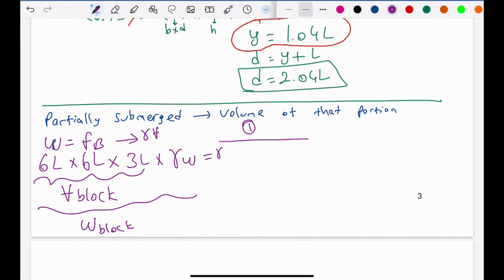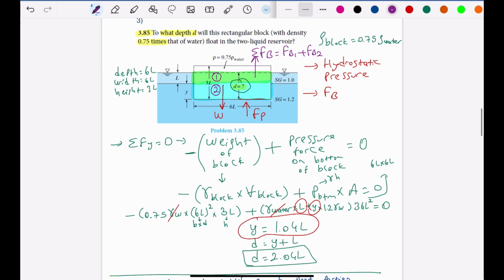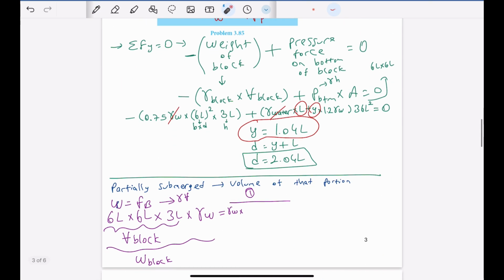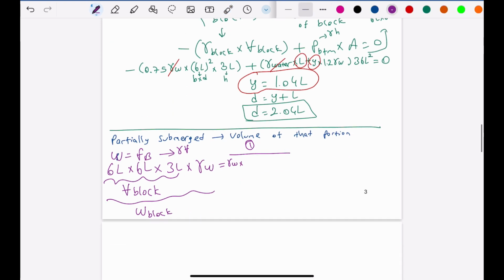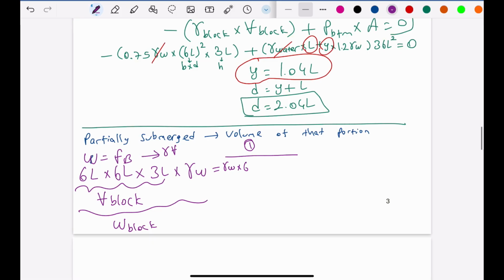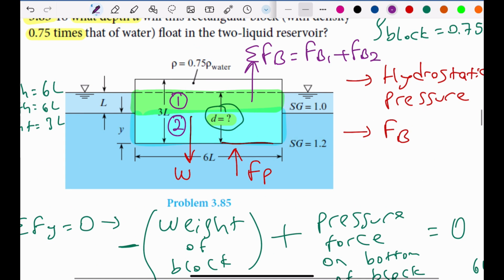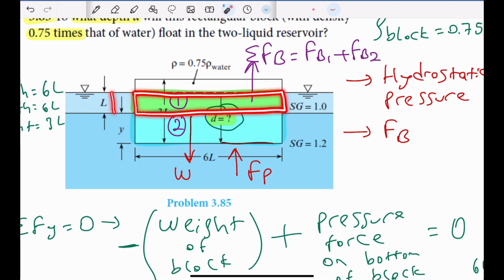We have specific weight of water. Its specific gravity is 1, so we will just keep it as it is, times the width is 6L, the depth is 6L, times L, because of this distance in this block.